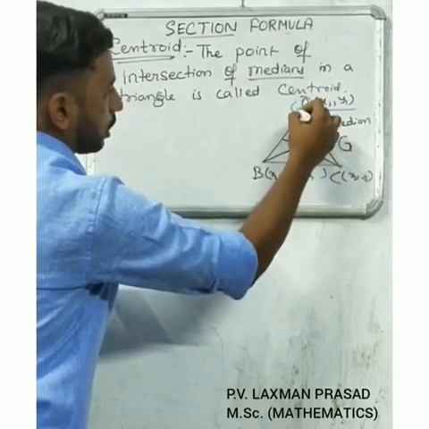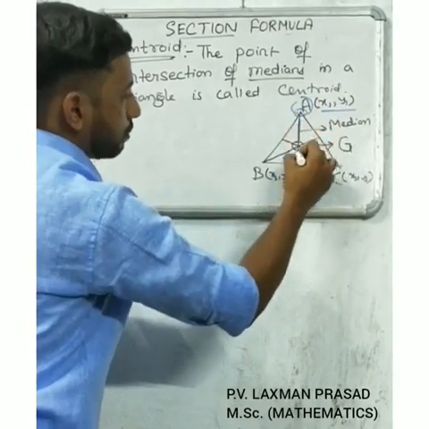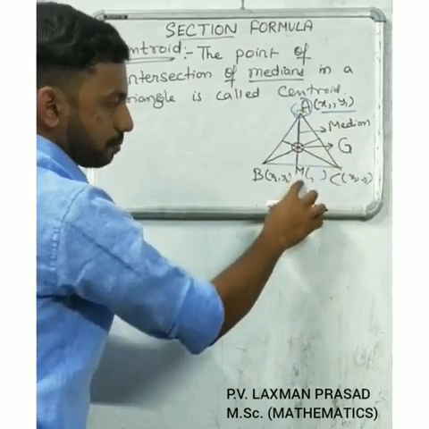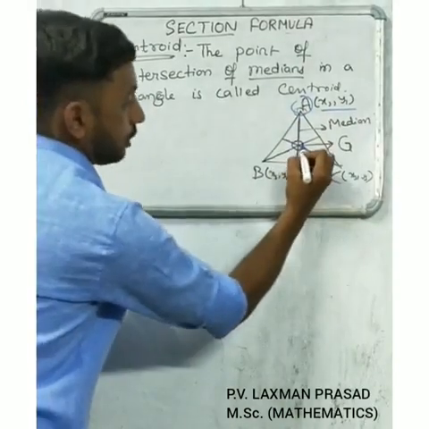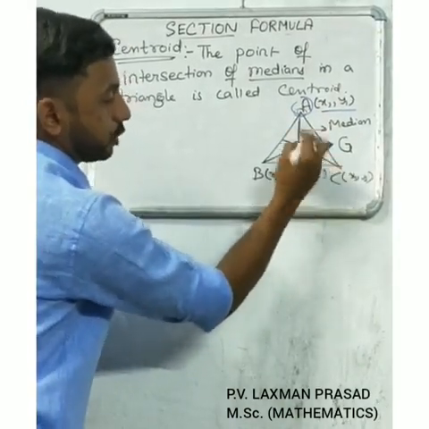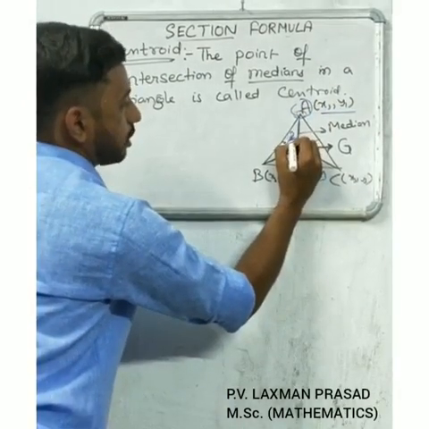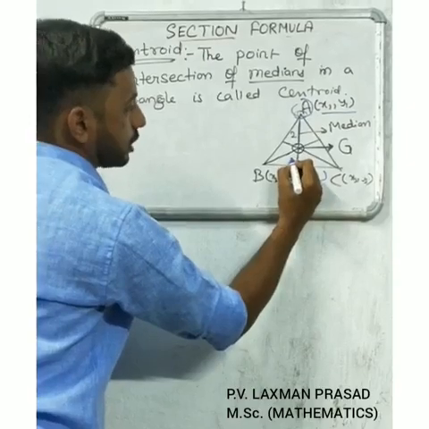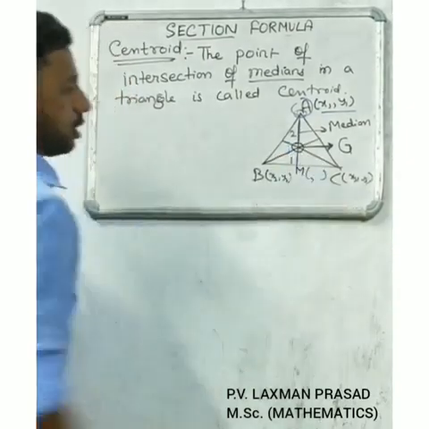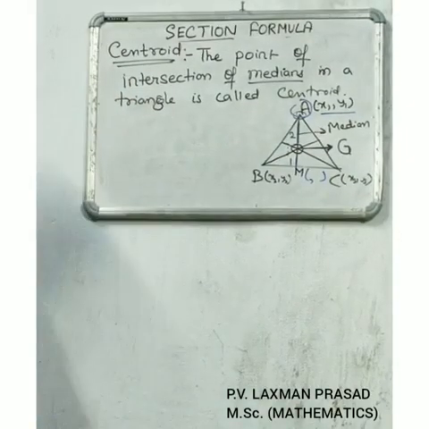So this AM is a line that is connecting A and M, and we have a point G that is actually dividing it, and it always divides the median in the ratio 2:1. You have to remember this.